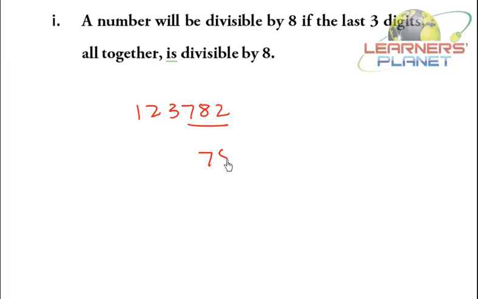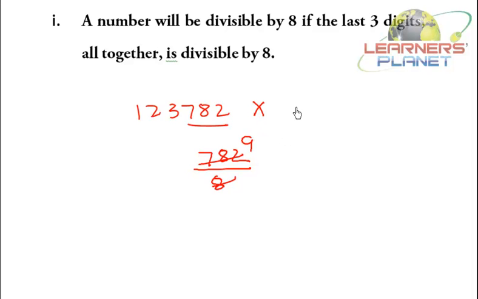So let's check. 8 9s are 72, we are left with 6. Then 62, which is not divisible by 8. That means 782 is not divisible by 8. That means the complete number 123782 will not be divisible by 8.